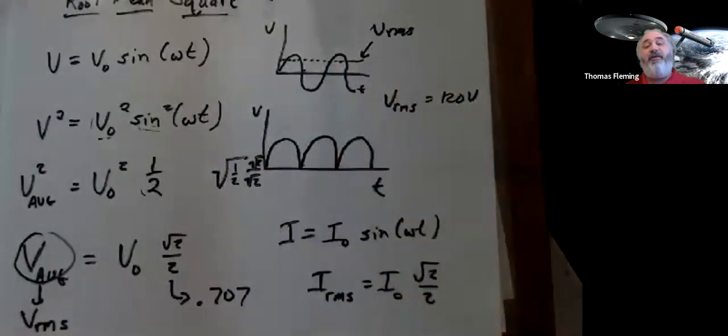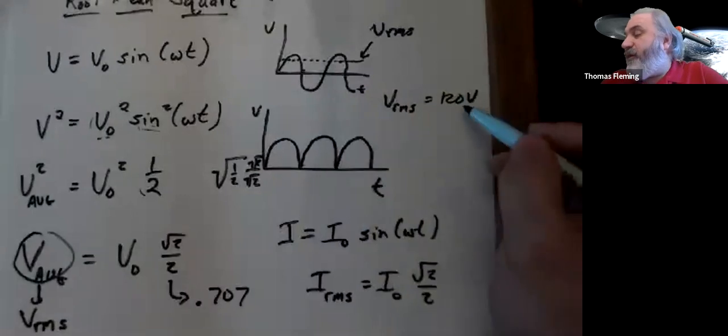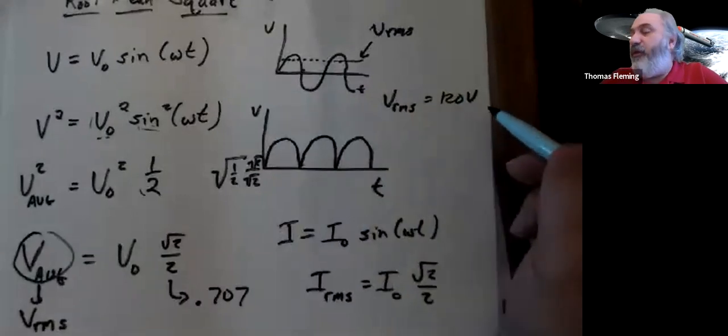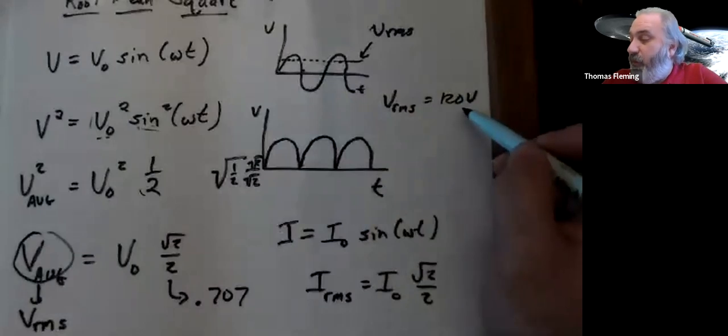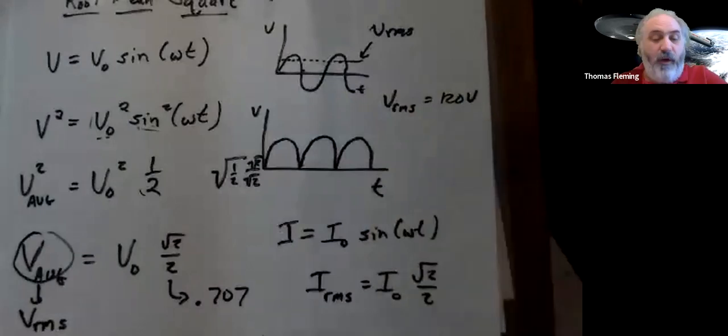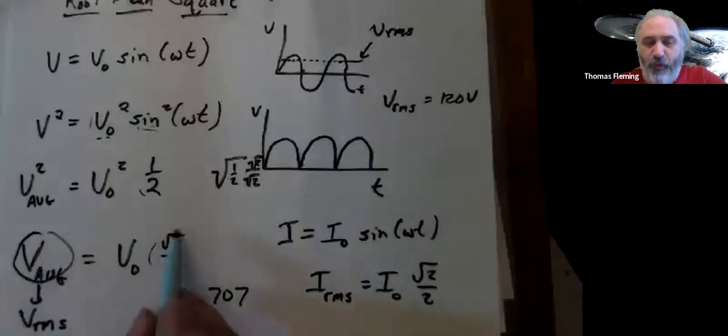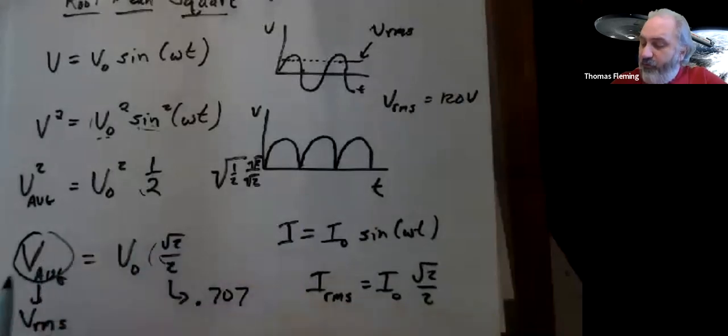But that means that inside my walls right now, the voltage, excuse me, is sometimes bigger than 120 volts. The peak voltage is a little bit larger. So if I wanted to find that, I know this is 120. I'm looking for this. So to get this, I would divide both sides by the square root of 2 over 2. So 120 divided by the square root of 2 over 2 is about 169.